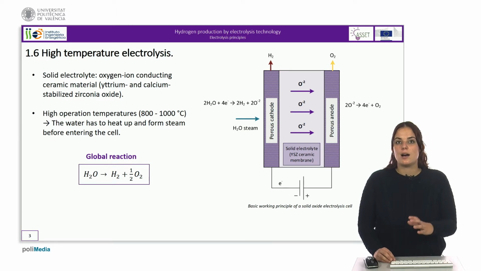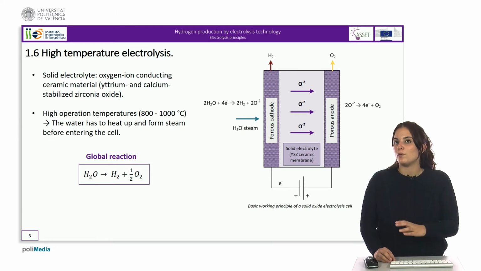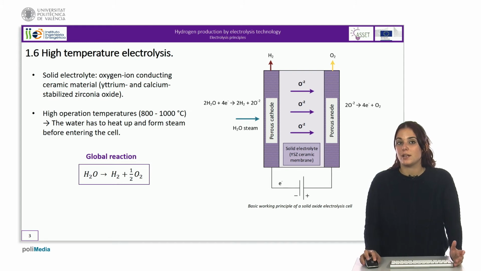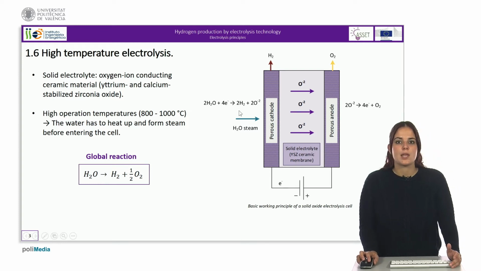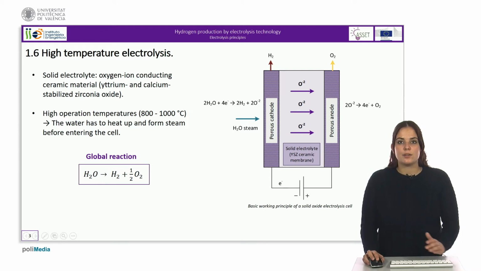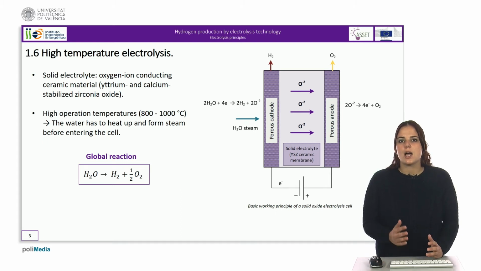The electrochemical splitting reaction of steam at high temperature can be described by the half-cell reaction, which appears in the figure. As we can see, at the cathode, steam is introduced, and thanks to the electrons provided by the DC power source, the water molecule breaks down into hydrogen and oxygen ion.